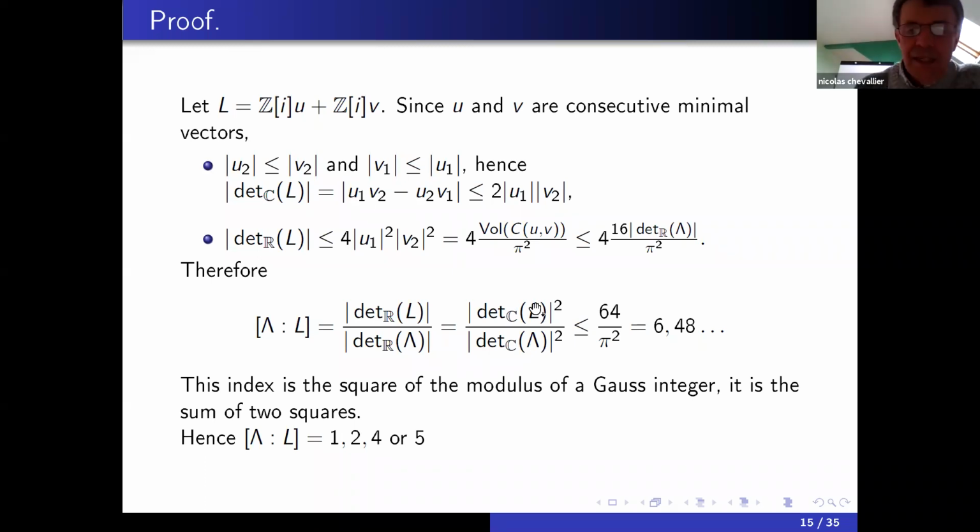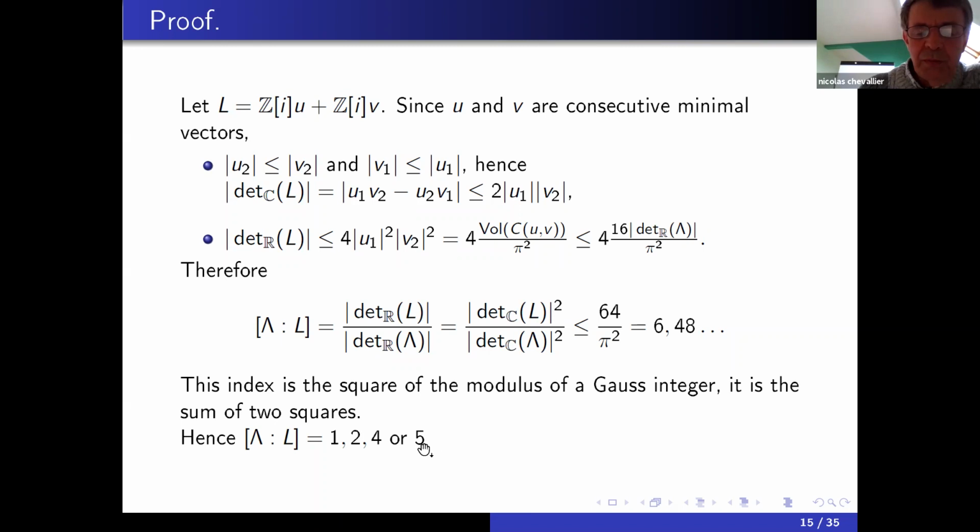So this ratio must be the sum of 2 squares. It must be less than 6, but it cannot be 3 and it cannot be 6. So this ratio must be 1, 2, 4, or 5.